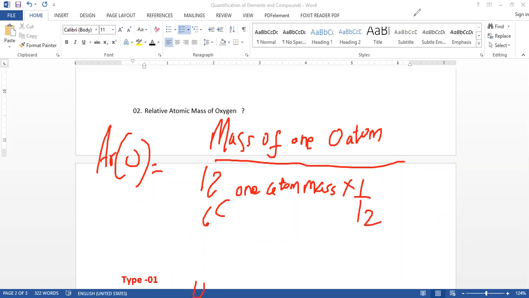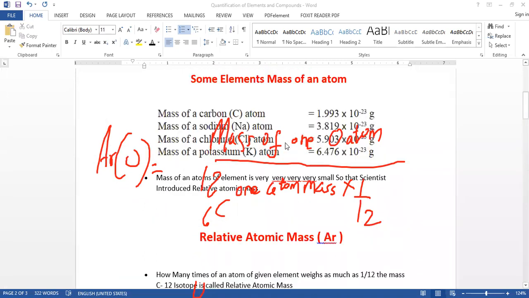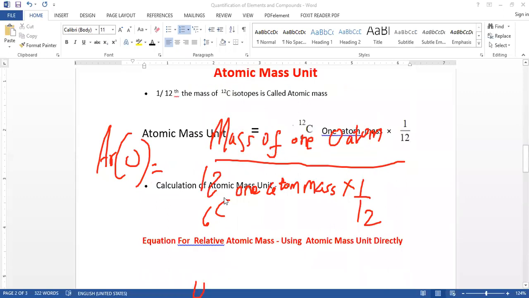Let's see the mass of one oxygen atom. See here in your book. In your book, I will give this one.